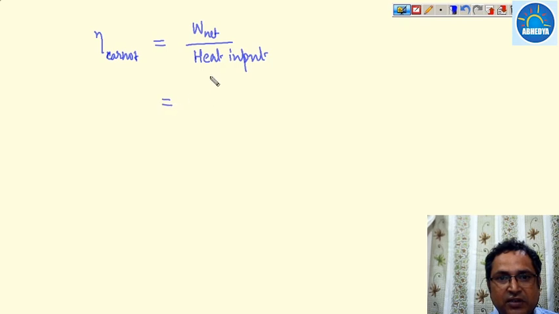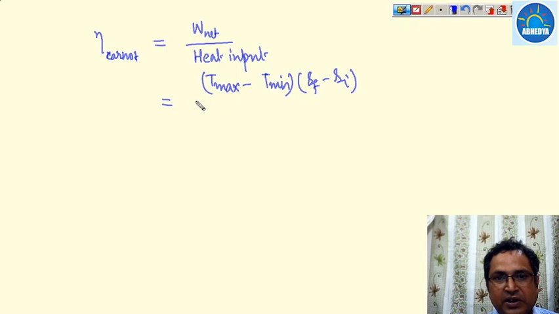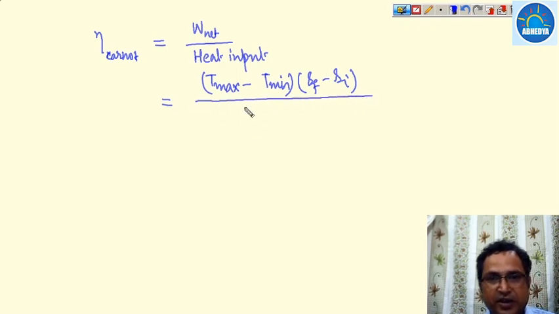And what is the net work? That is T max minus T min multiplied by SF minus SI, divided by the heat input, and this heat input is T max into SF minus SI.